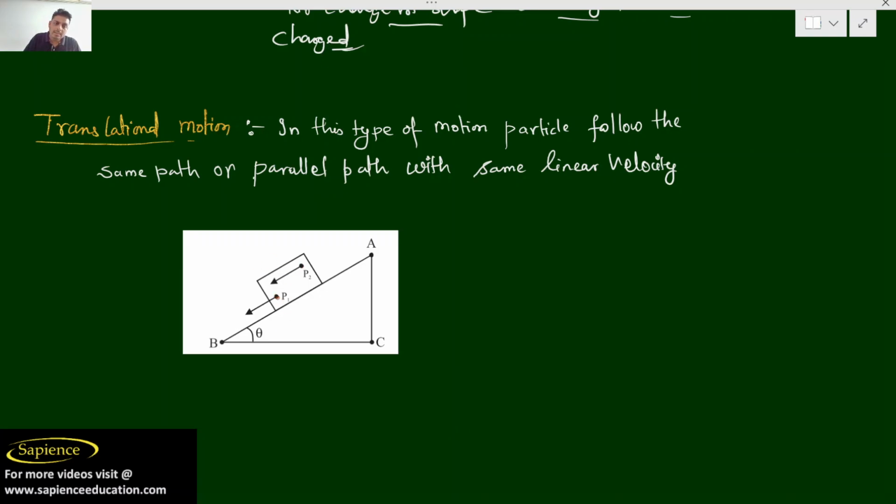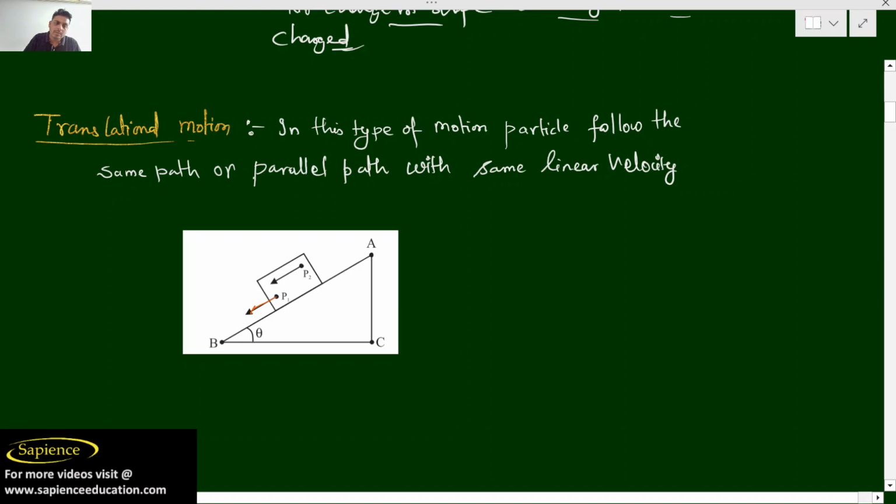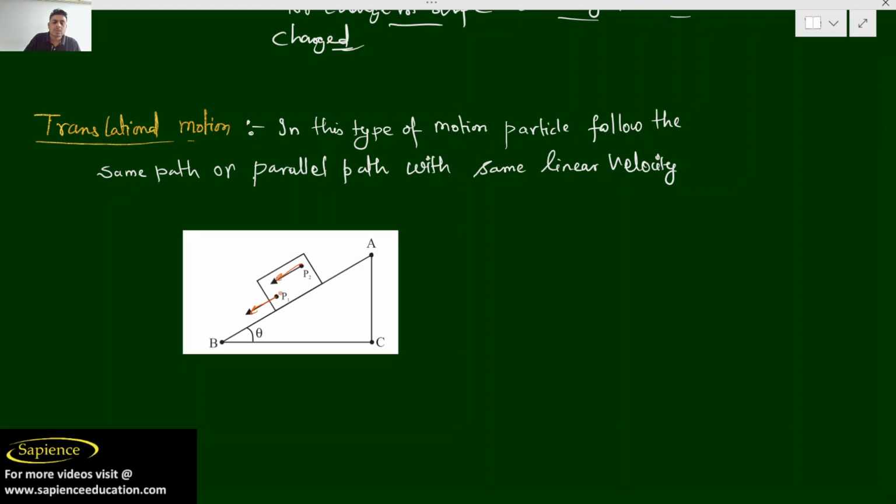See here, the particles are moving in a downward direction. Both are moving in the same direction and they follow parallel paths. Both have the same speed and parallel paths. Then this type of motion is known as pure translational motion.